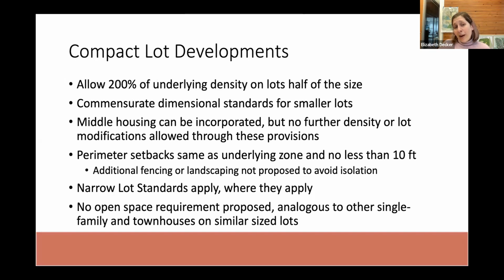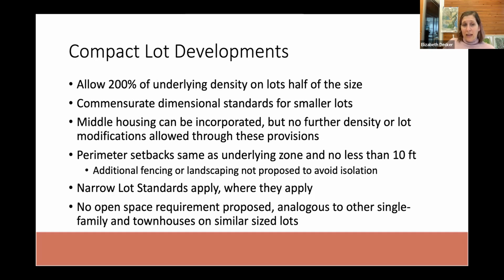But there's no requirement for additional fencing or landscaping being proposed. My thinking is that, rather than trying to create these big barriers and block these off from other developments, the best way to integrate them into the neighborhoods is to have nice homes and have back, side, or rear yards, so that they're just more housing in the neighborhood. They're not something weird or different that needs to be walled or fenced off.